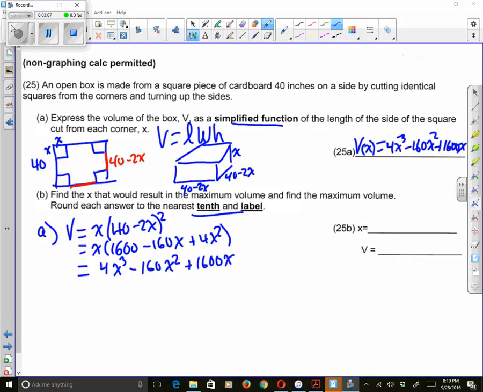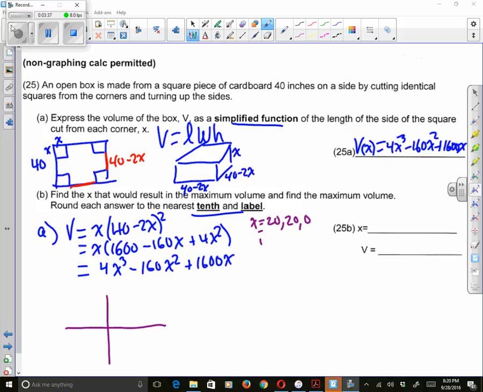Okay, so notice that we've got a situation where we've got a cubic function, right? We know that if I solve for 40 minus 2x, we're going to get x is equal to 20, and x is equal to 20 and x is equal to 0.